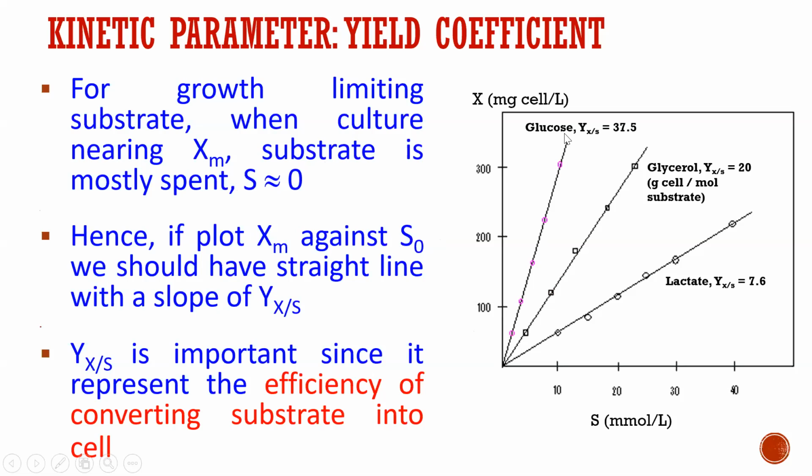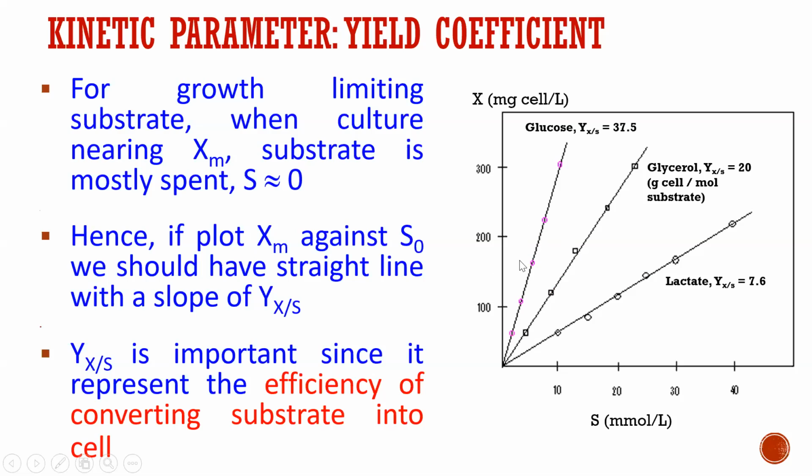It will be like this, right? Say glucose: maybe you prepare five different shake flasks, 1, 2, 3, 4, 5, and in each of the shake flasks you have a different substrate concentration, and therefore you obtain a different maximum cell concentration. Then you can plot this curve.